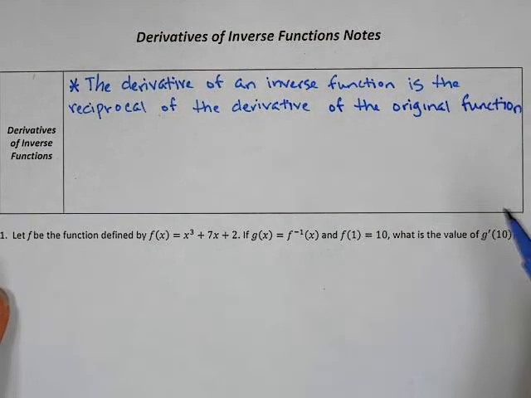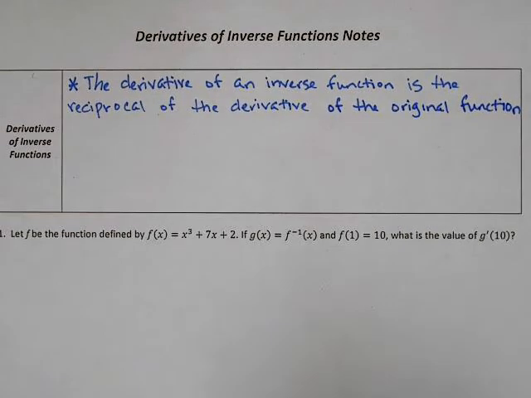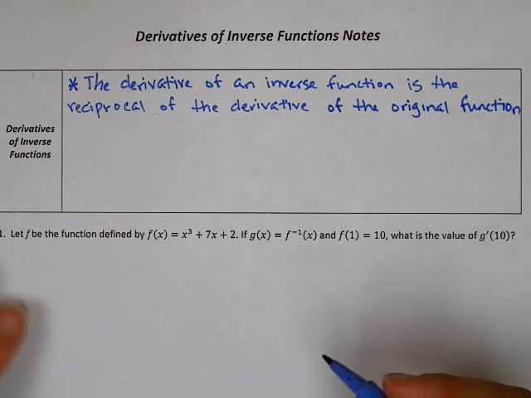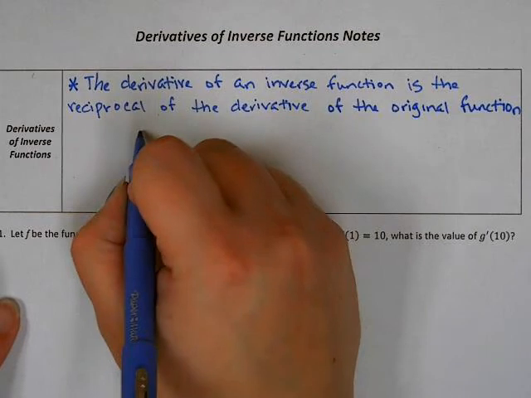The derivative of an inverse function is the reciprocal of the derivative of the original function. That's a lot of ofs, right? So let's look at what this notation would actually look like.